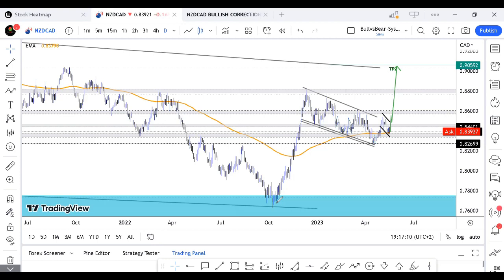Number one, the first thing we analyze is the overall direction. On this current channel, we have a downtrend, with a resistance here and a support here. Now we will go inside the trend. At Bull vs Bear, we have our own formula, which is RCR.